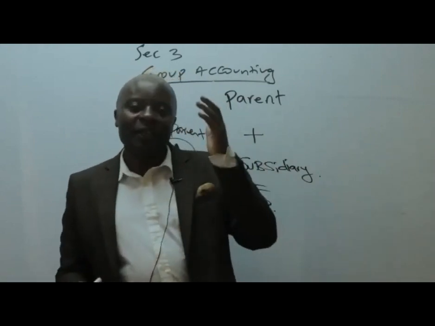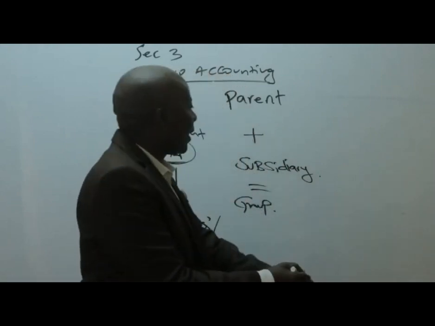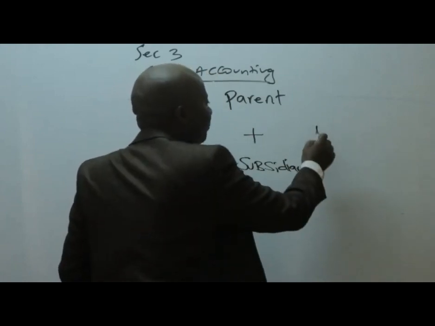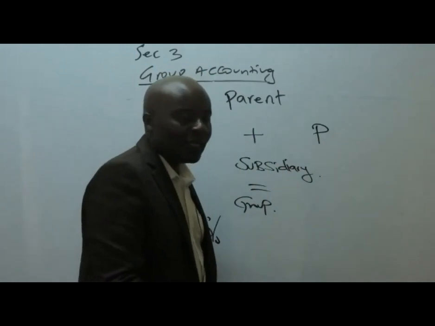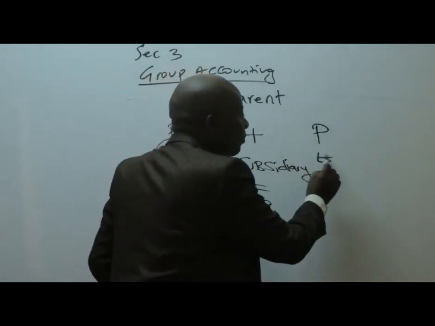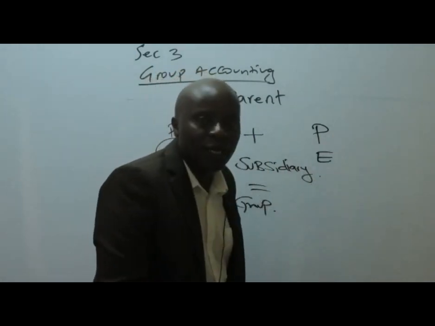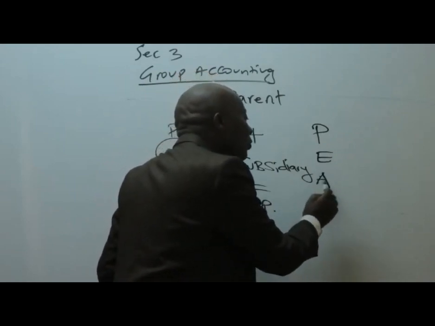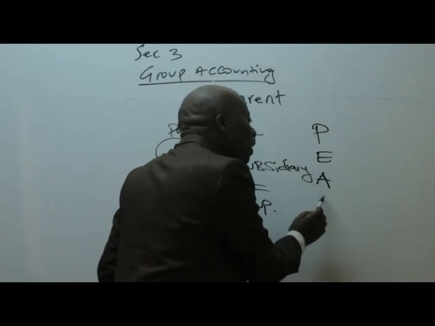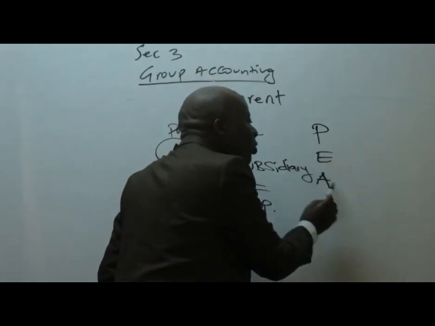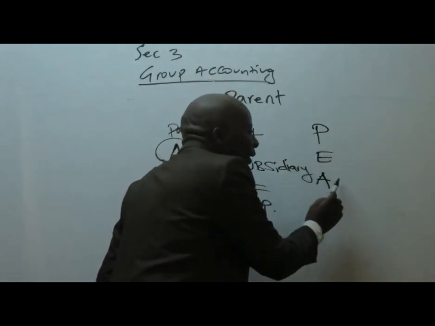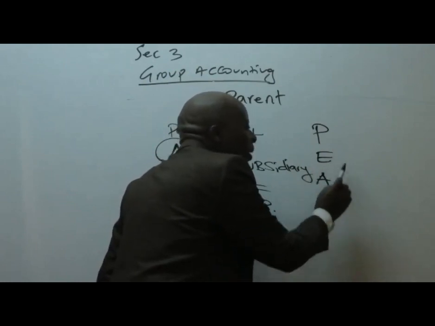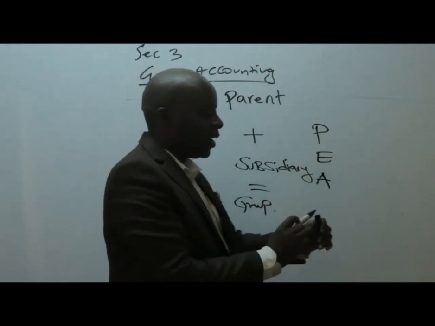So very importantly, ladies and gentlemen, you've got power, there is the concept of exposure to variable returns, and then, of course, the concept of you being able to utilize this power to your benefit by ensuring that this company that is posting returns to you is performing very well.